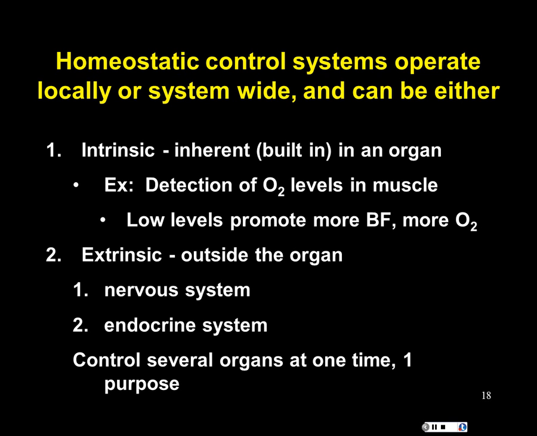So, words we're getting familiar with over the next 8 weeks. Intrinsic means the organ is controlled internally by itself. Or it may also be extrinsically regulated. So some factor what? Outside of it, like say the nervous system, which provides what type of control?